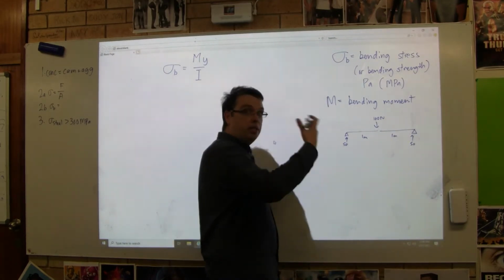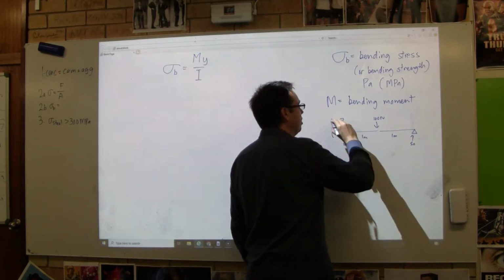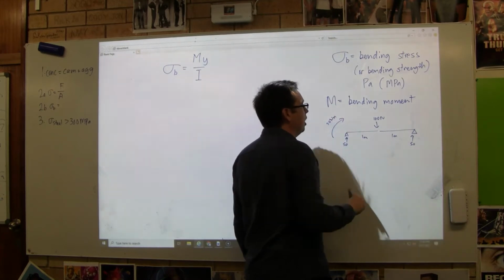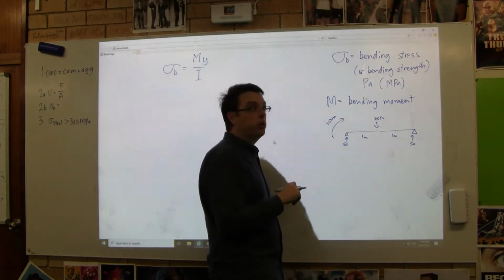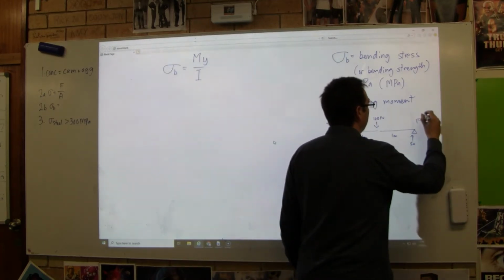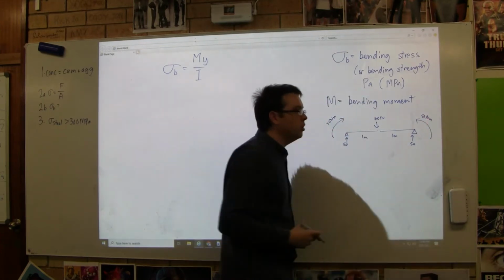The bending moment on this side is 50 times 1, or 50 newton meters, going clockwise. On the opposite side, we have 50 newton meters going anti-clockwise.